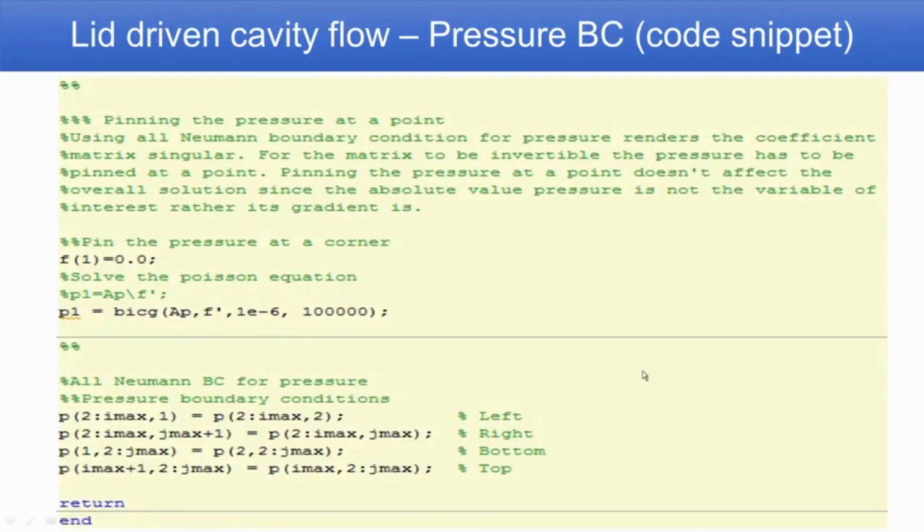So, in this module we have learned in detail how to solve a pressure Poisson equation from the predicted velocities u star and v star. The pressure Poisson equation has a left side as well as a right side term. We looked at the left side term and right side term separately. We also learned a procedure called pinning the pressure, which helps to make the matrix invertible.